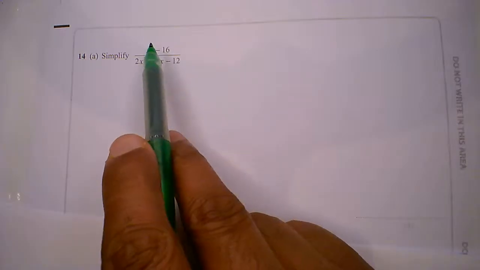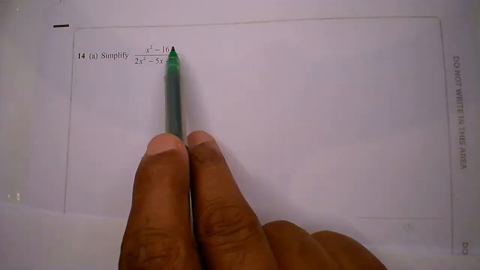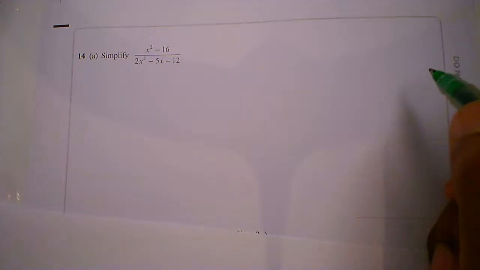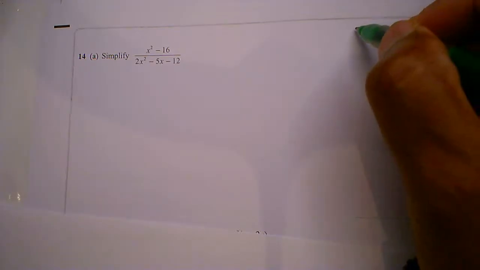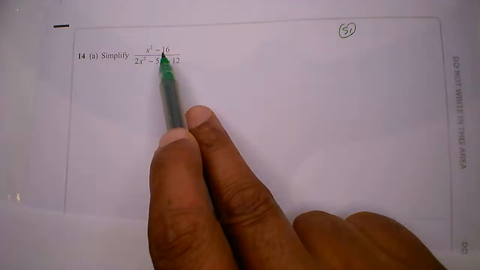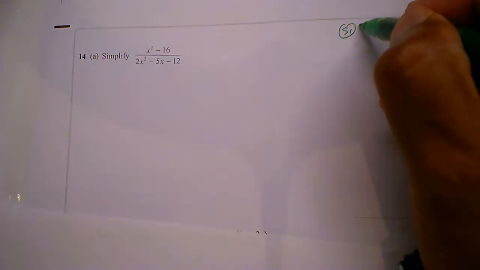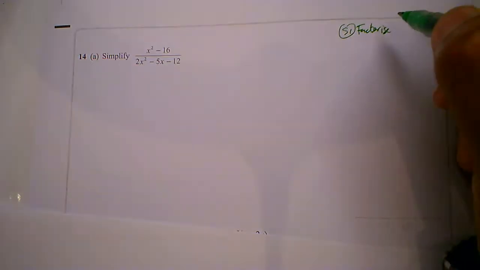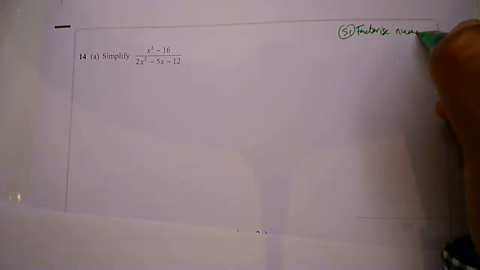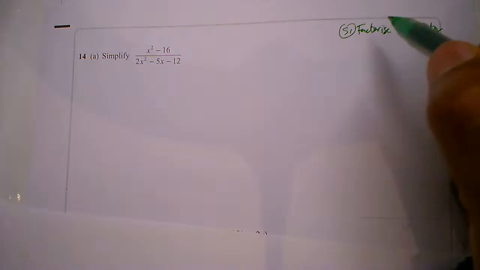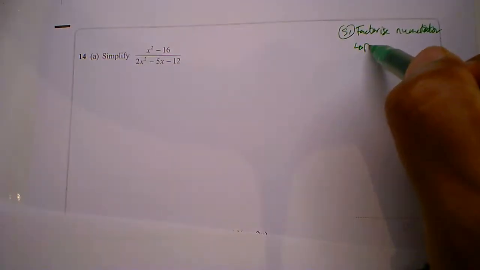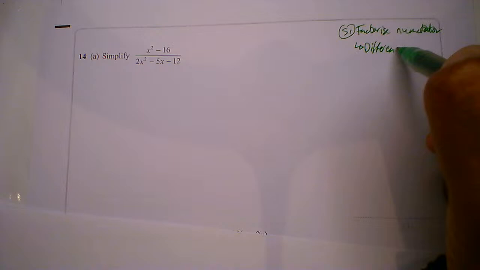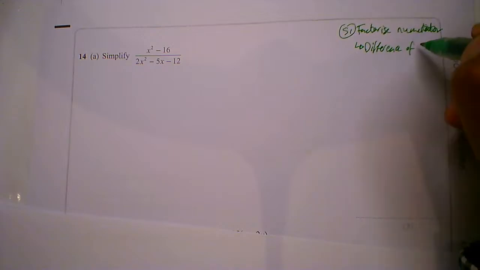All right, so first of all, if we look at the top part, there are 2 terms. So what are my steps? Step 1 is I need to factorize the numerator. And this is 2 terms, so this is a difference of 2 squares.